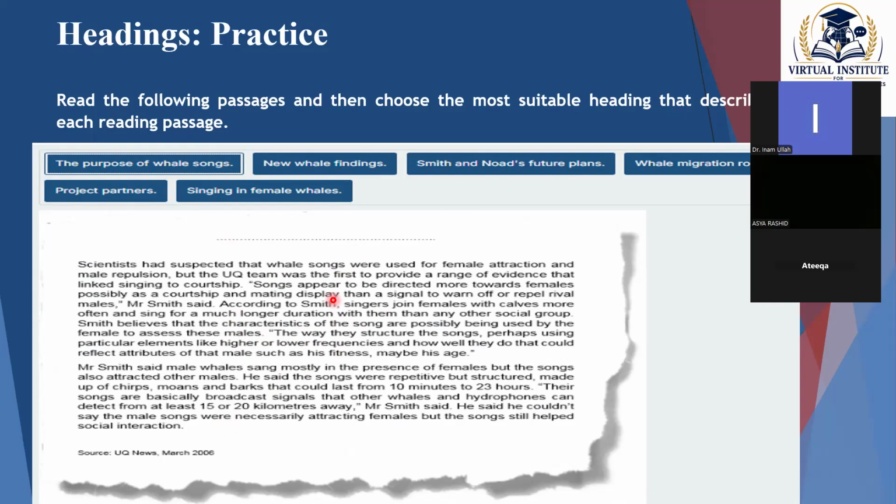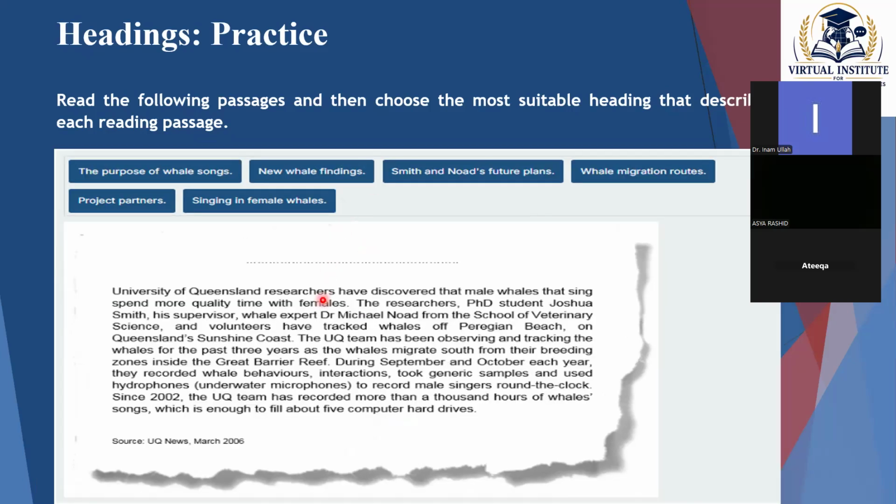Is it clear? Now, imagine if the title was New Whale Finding. If you remove an S, then probably we could have said that this passage is related to this title, New Whale Finding. Why? Because only one finding is being discussed here. Are you getting my point?